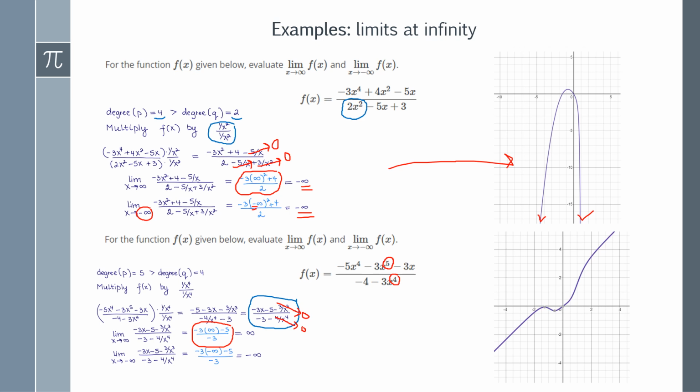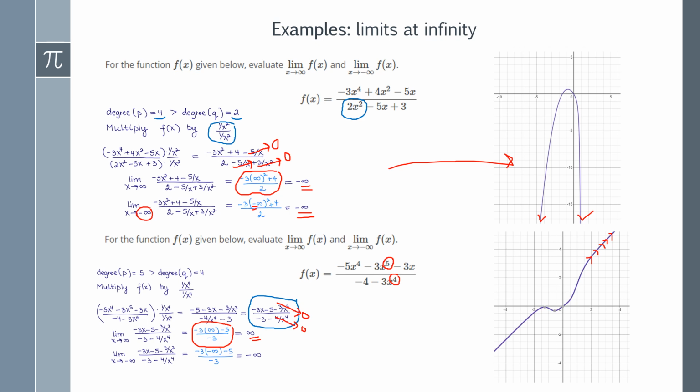Okay, so there are two negatives, one on top and one on the bottom. They cancel out, and this is where we get positive infinity. And you can see on the graph, this corresponds to this branch that goes up to the right. So the limit as x goes to positive infinity of this function is also positive infinity.